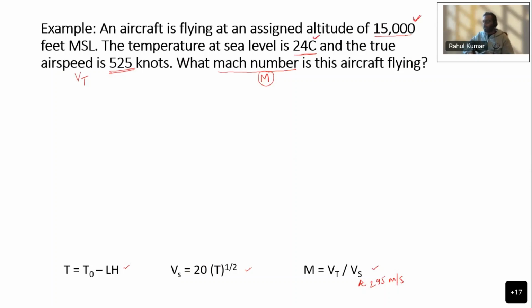So using all these values, first of all, we will have to calculate the temperature at 15,000 feet and then use that temperature to calculate the speed of sound, Vs. So we cannot use this value 295. We have to calculate it.